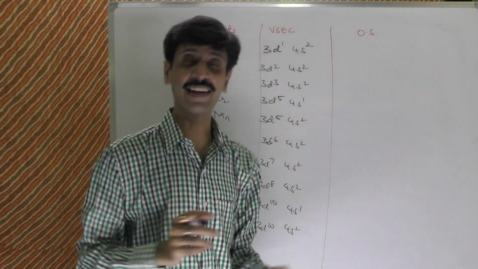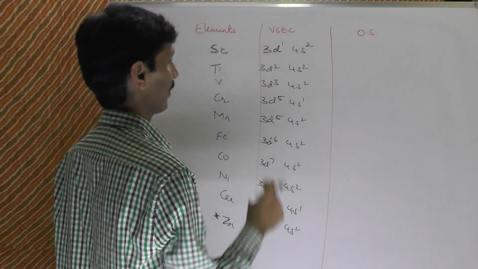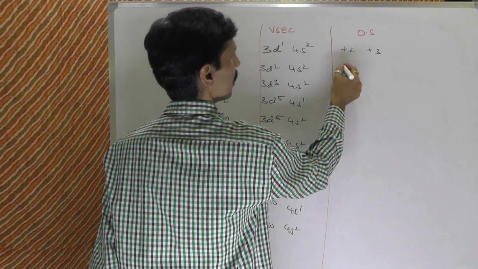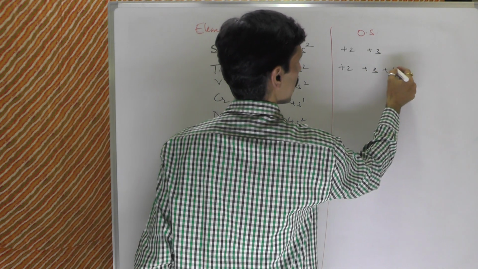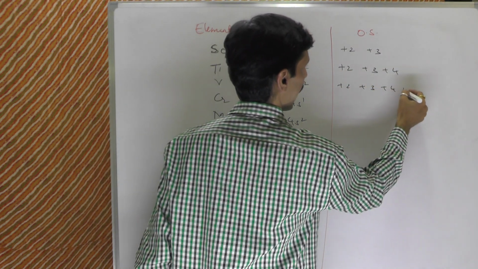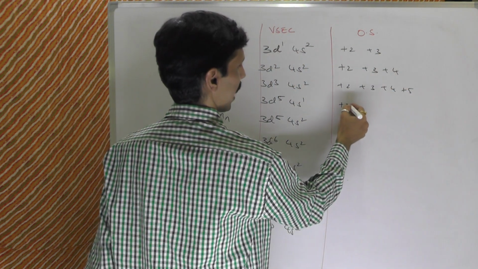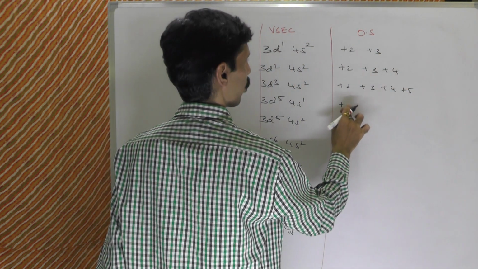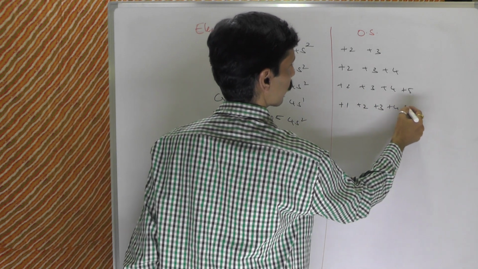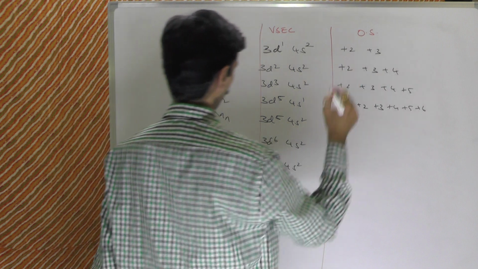So now we go into the oxidation states. We start with scandium. Scandium has oxidation states +2 and +3. Then we have +2, +3, +4. Then +2, +3, +4 and +5. Next for chromium, we have +1, +2, +3, +4, +5, +6.